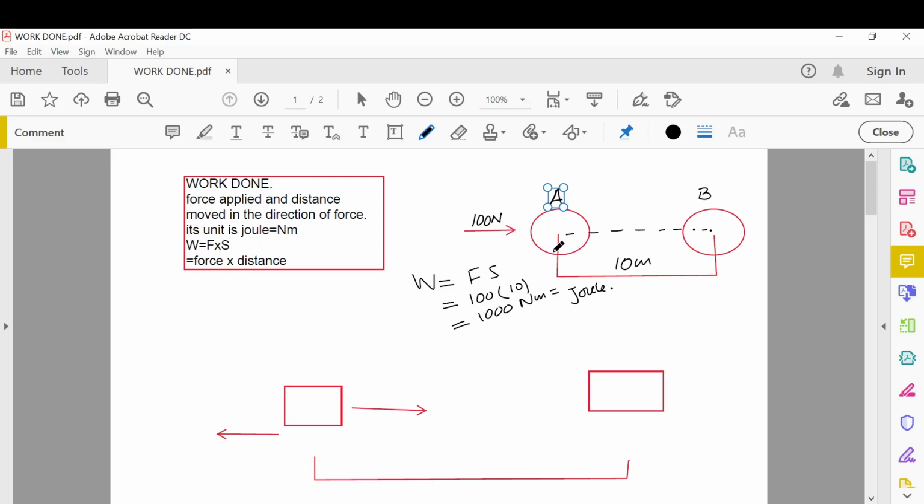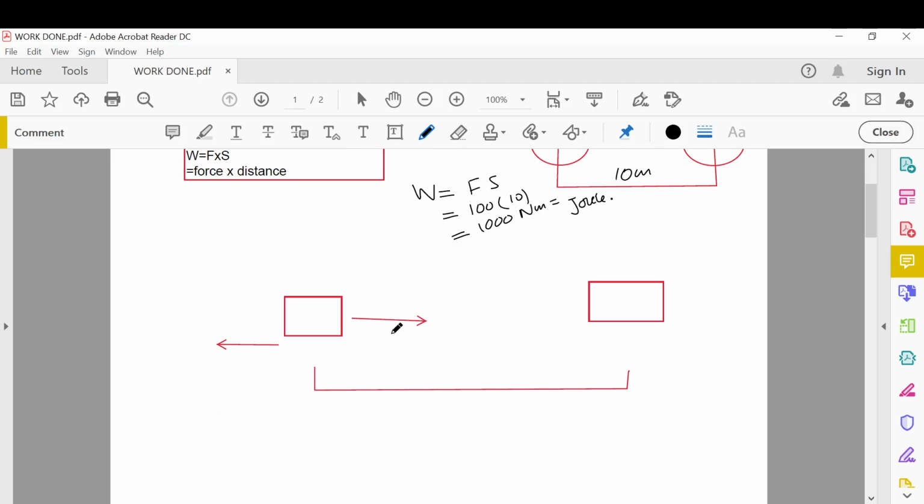But in practical life, these things are not possible. There are some friction forces. Let's take another example in which we consider the friction force as well. Take example number 2.